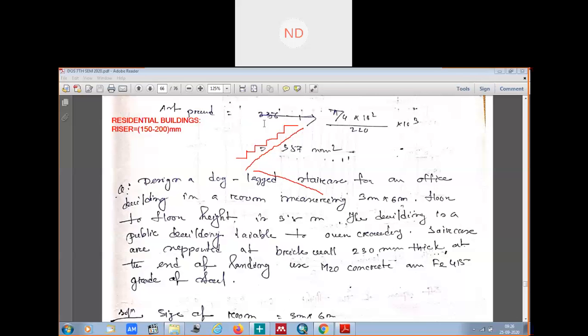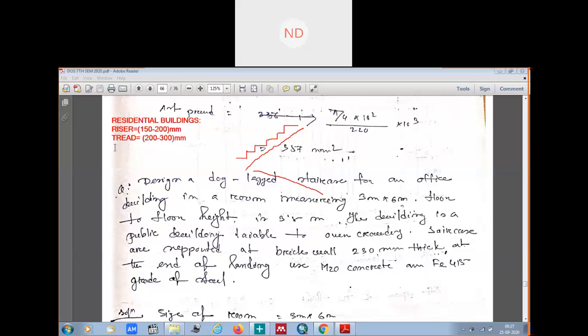Okay, and our treads we take to be between 200 to 300 mm. So this was our general range for residential buildings. When you are designing, you can assume risers between 150 to 200 and treads 200 to 300 mm. Generally these are your riser and tread dimensions.